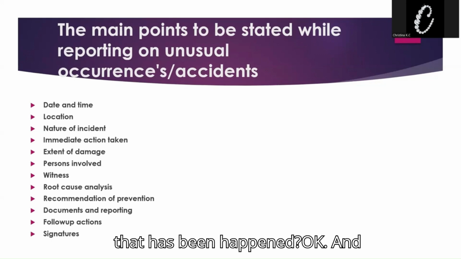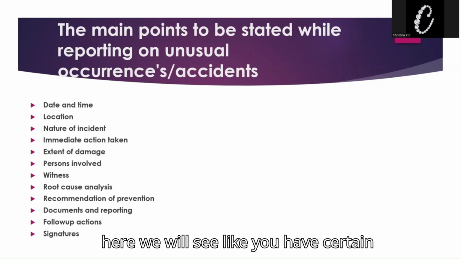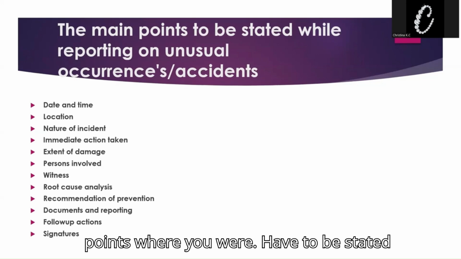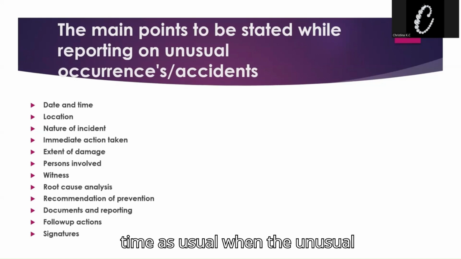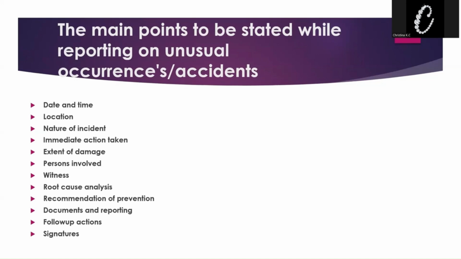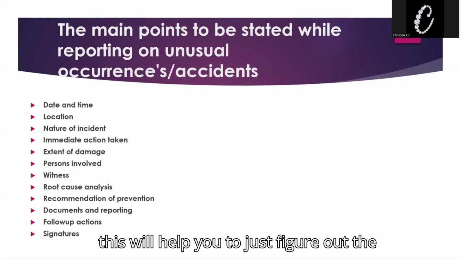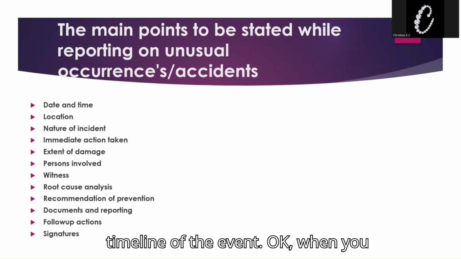Here we will see certain points that have to be stated in this reporting. First one is date and time, as usual, when the unusual accident occurred, and this will help you figure out the timeline of the event.